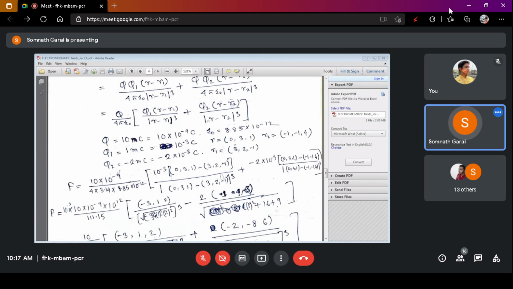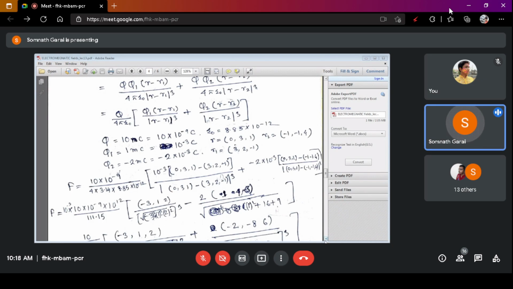So F is equal to 10 into 10 to the power minus 9 divided by 4 pi epsilon naught, times Q1 (R minus R1) divided by mod of (R minus R1) cubed, plus minus 2 into 10 to the power minus 3 times (R minus R2), that is (0, 3, 1) minus (-1, -1, 4), all divided by mod of (0, 3, 1) minus (-1, -1, 4) cubed. So this is the first force, this is the second force.